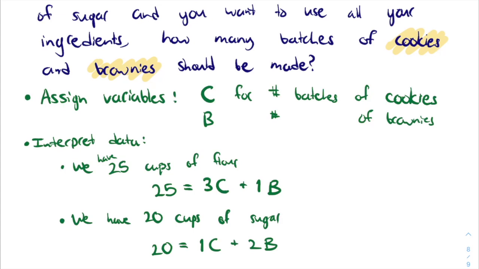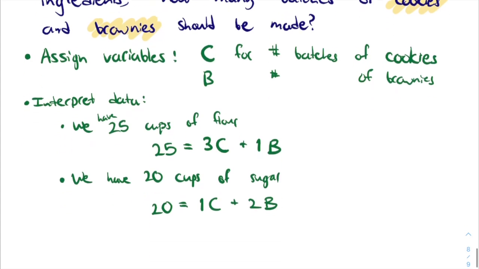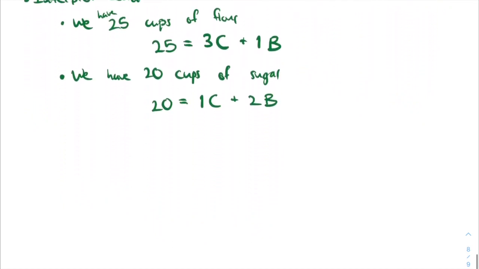So we have our 2 equations. Just to put it in the form we might be more familiar with seeing, I'll rearrange so that the variables are on the left-hand side.